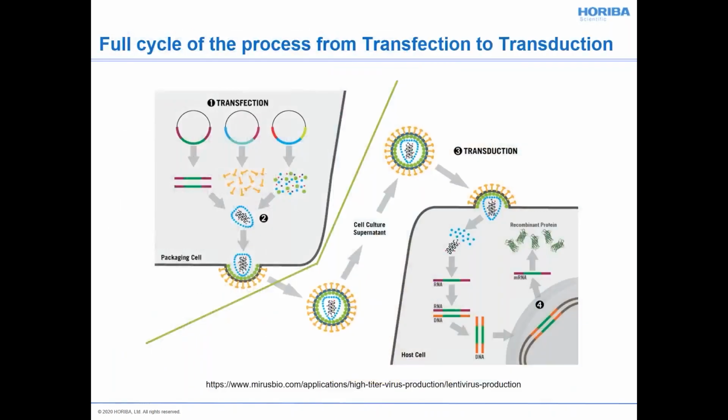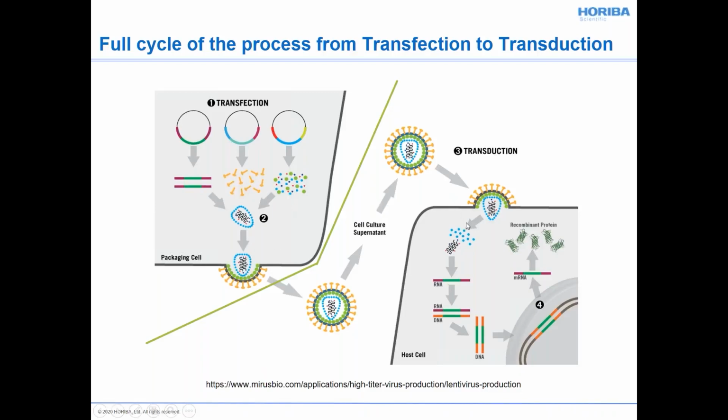Here's a quick summary of the full cycle from transfection to transduction. You'll have what we'll call a packaging cell that generates the RNA, the proteins and so on to make up the virus. The virus buds off, comes out of that packaging cell, that's in a cell culture.